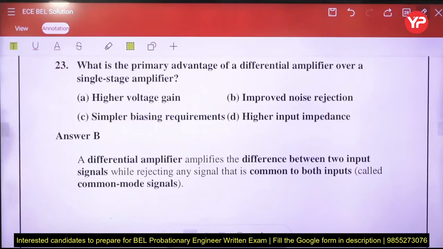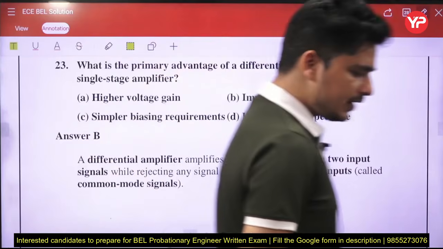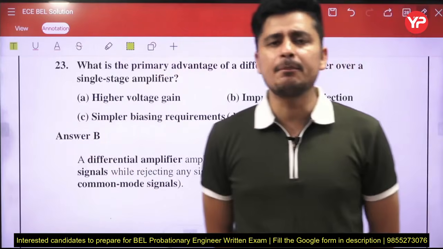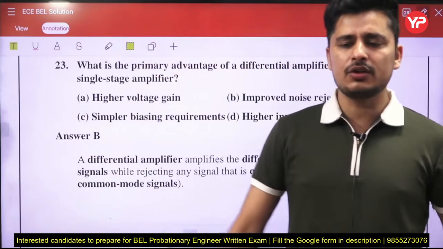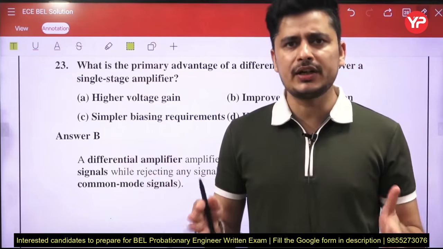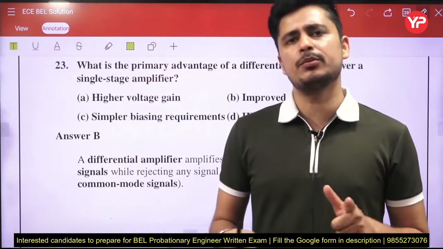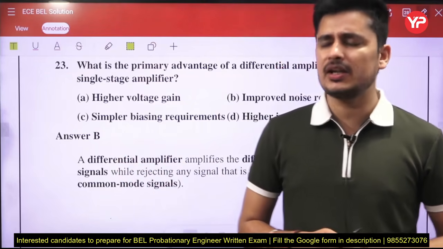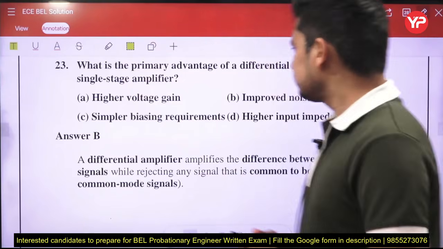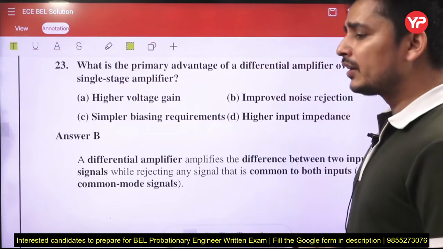What is the primary advantage of a differential amplifier over a single stage amplifier? See, whenever you have a differential amplifier, it can amplify the difference of two inputs, right? That's why it is called a differential amplifier. So generally it will reject the noise.